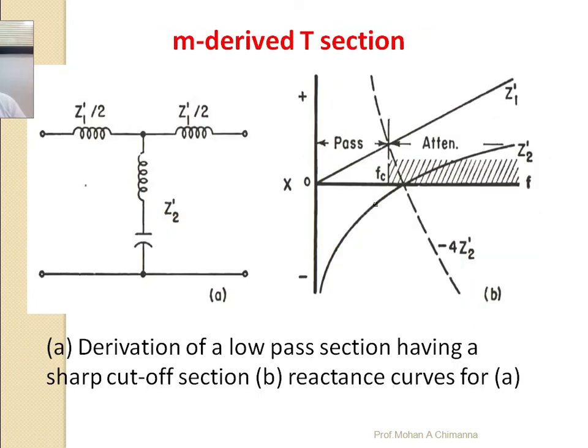Then next is the M derived filter. In the case of the M derived T section and M derived pi section, they are derived from the constant K type of filter.